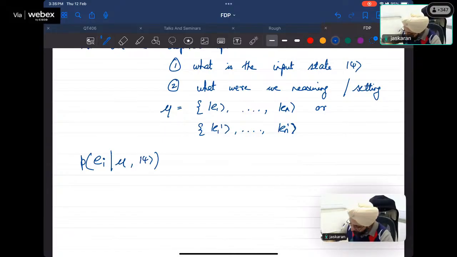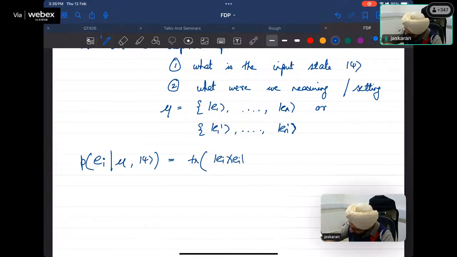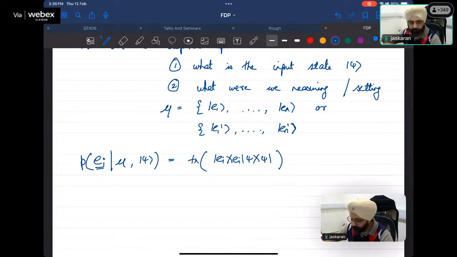Okay. And Max Born gave us a very nice relation to evaluate this. And this is nothing but taking a trace over the projection operator corresponding to the outcome that we had, EI, and an inner product of psi psi.